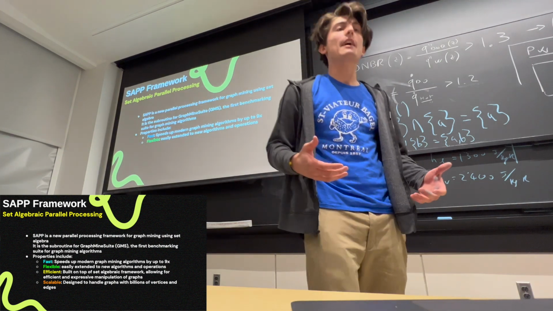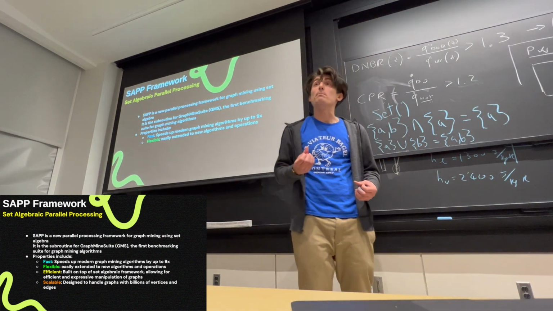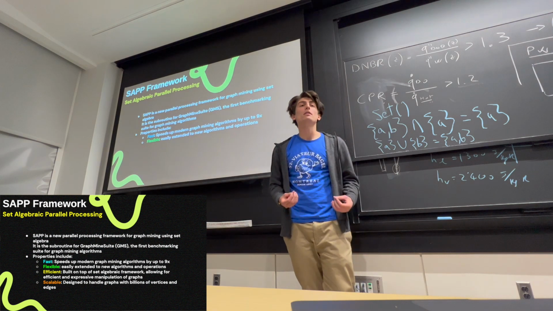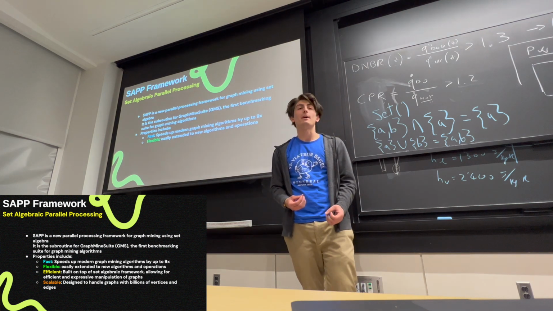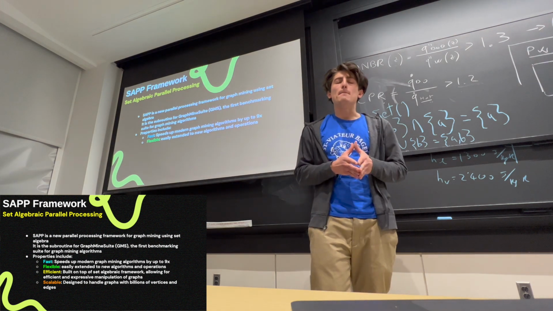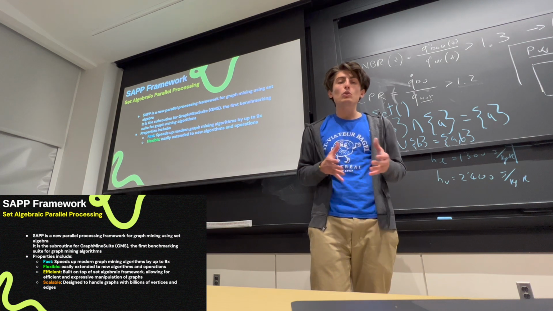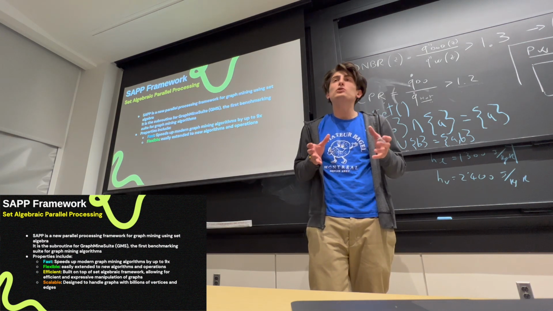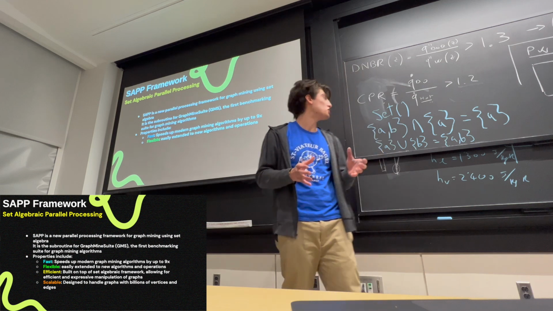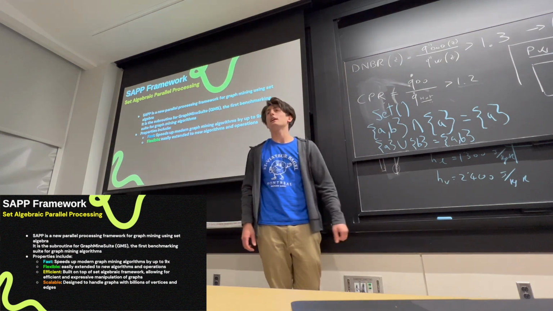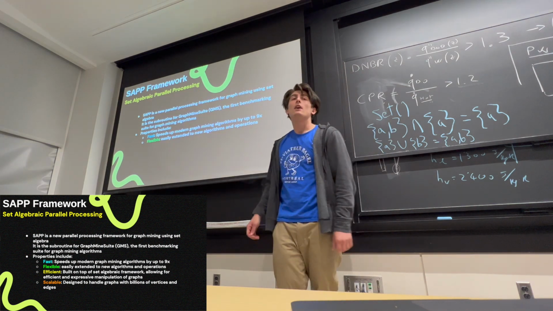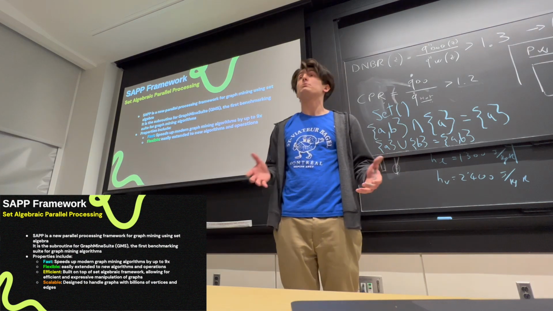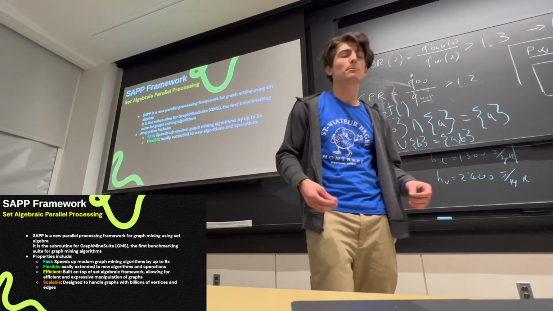We also see flexibility with the SAP framework for GMS. We can use this technique for multiple different graph problems, not just, let's say, finding duplicates or just k-clique. We can extend and expand upon what we have, which makes it really flexible.